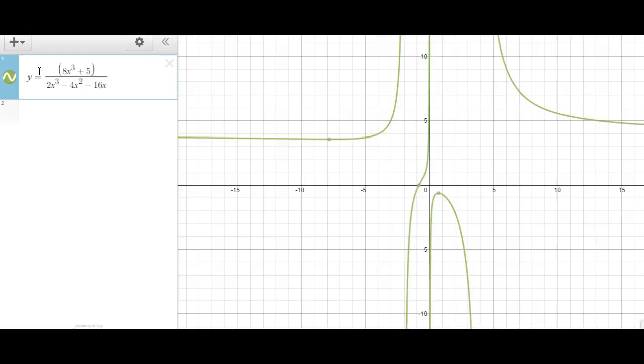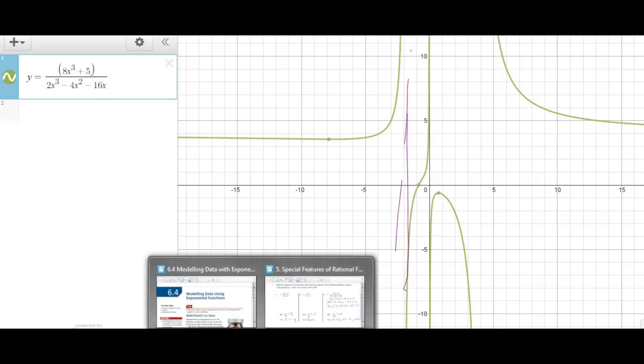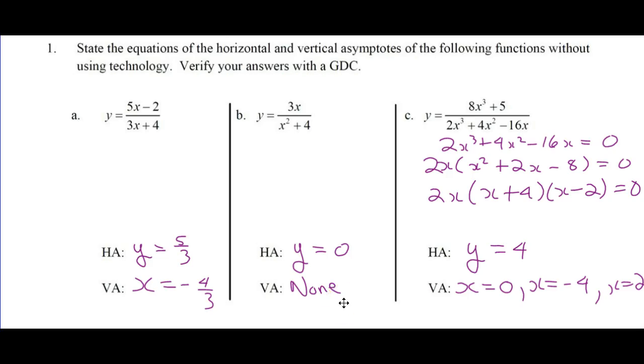Okay, so where do we say we had asymptotes? So 0, yeah, looks like one there. Where else? Negative 4. Seeing something closer to here. So did I get the signs wrong on this?